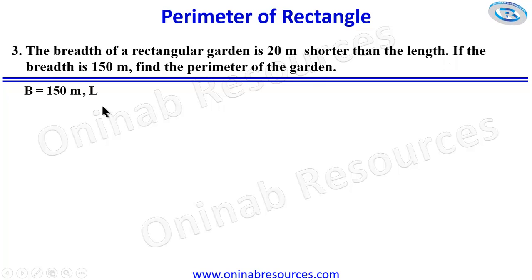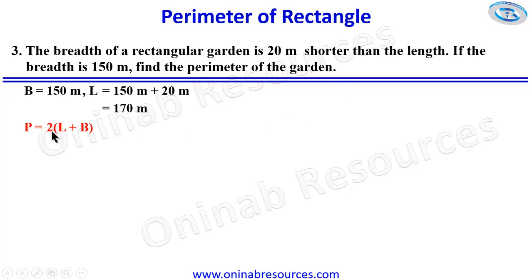So that's going to tell us that the length now is going to be 150 meters plus 20 meters, giving us 170 meters. So you can see now the difference between the length and the breadth is 20 meters, which has been indicated in the problem. We then go ahead to use the length, which is 170 meters, and the breadth, 150 meters, to calculate the perimeter of the garden.